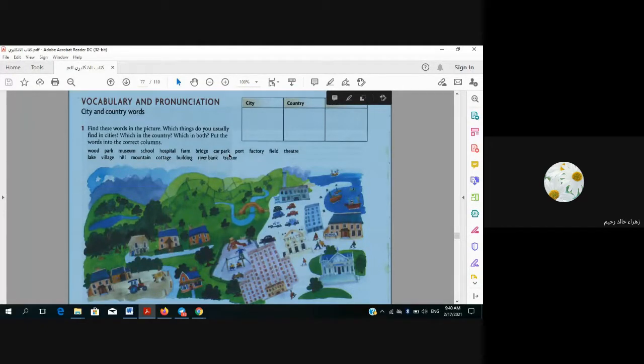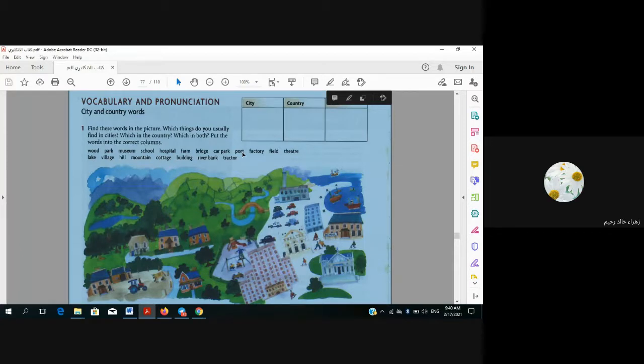Car park. City. Port. City. Factory. City. Yes. Field.